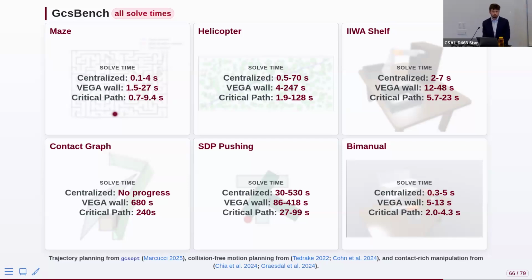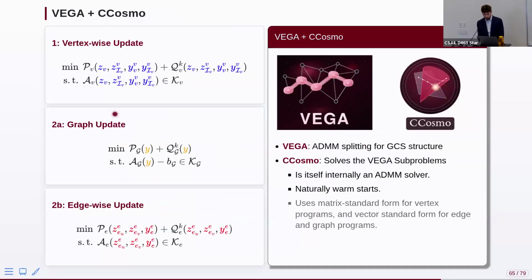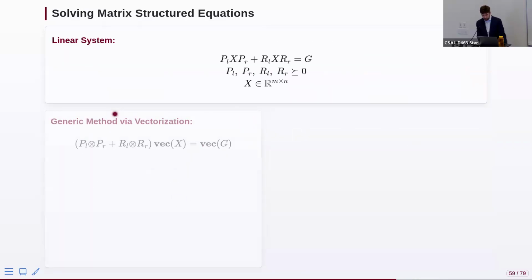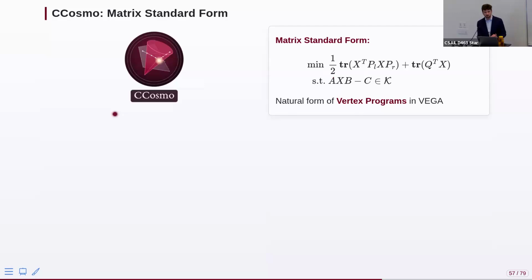Do the specialized standard-form solves like AX = B or C show up elsewhere besides the Vertex program? So the question is, does the matrix standard form show up elsewhere? And the answer is yes, it does.